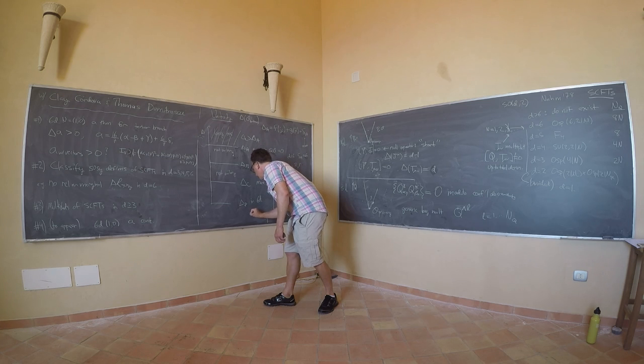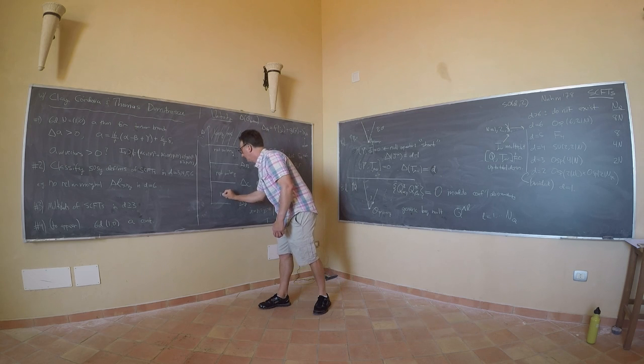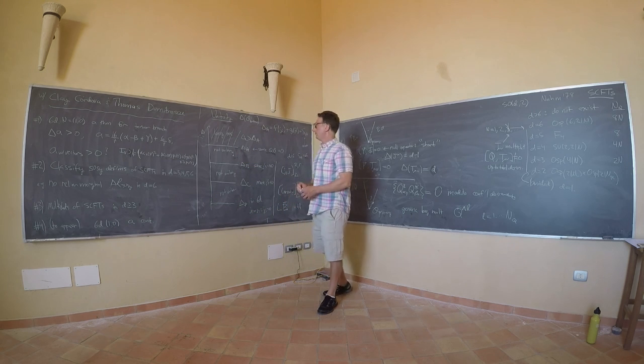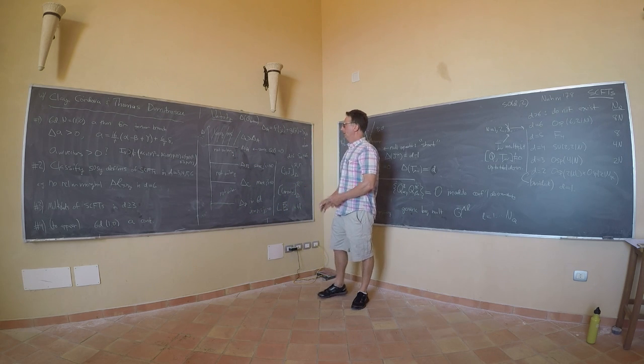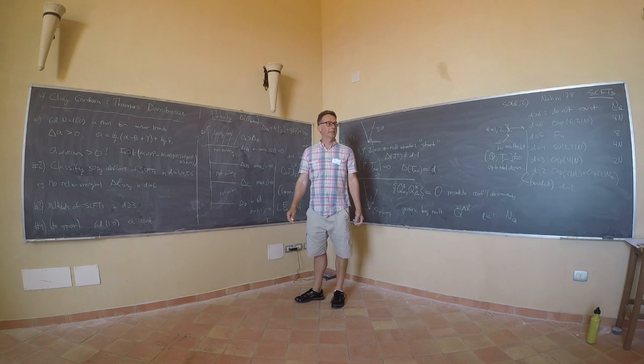So this is where all J's are set to 0. So it's not unitary except at this special value. So this is what the representations look like.